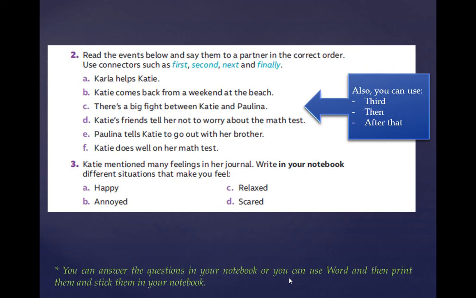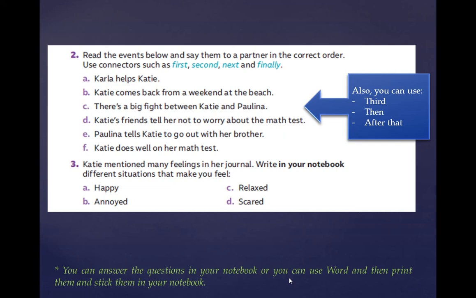That is very annoying, and you will feel annoyed about that situation. Also, scared, when a situation is terrifying, you will feel scared. If you go to the cinema to watch a movie like Annabelle, you will feel scared.